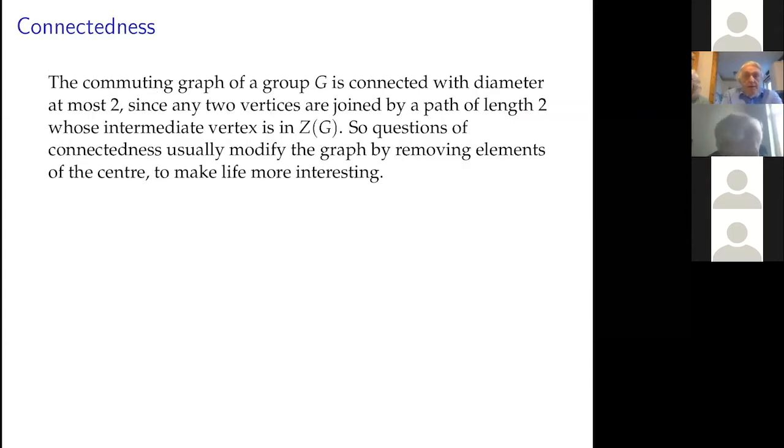So here's the first application. You take the commuting graph. As I said, it's connected with diameter at most 2 because you can always go via the identity, or indeed via any element of the center of the group. So people who examine the connectedness of this graph typically remove the elements of the center and say, let's just look at the non-central elements and restrict the graph to those and ask whether it's connected.